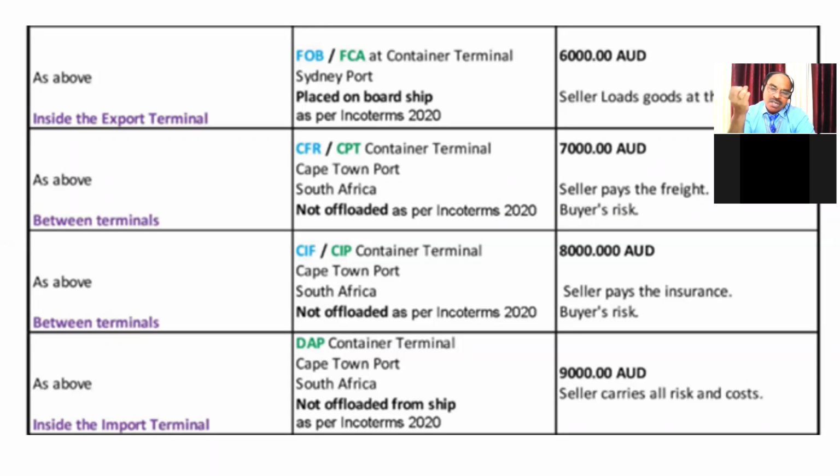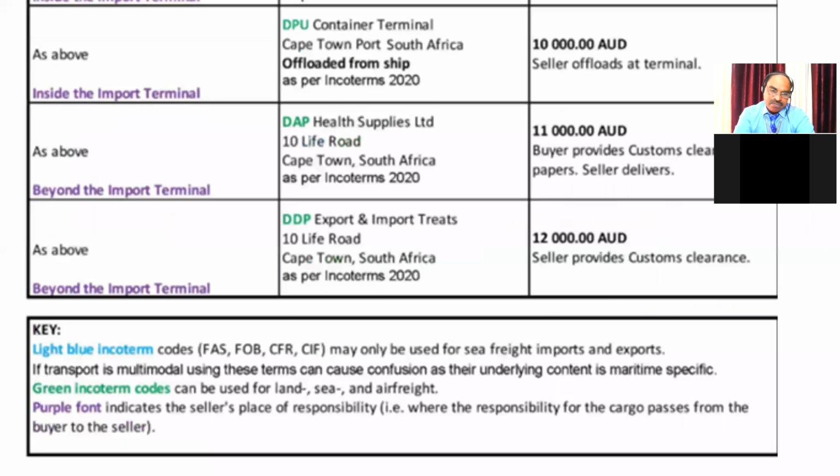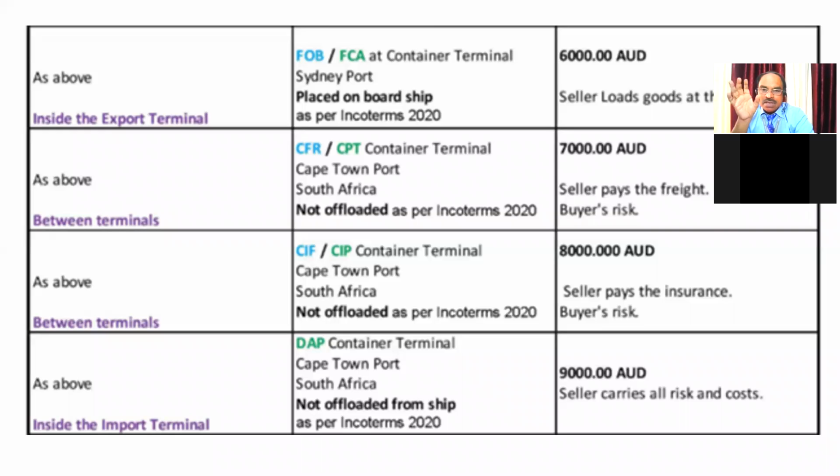It will come to the outskirts of the harbor in Cape Town port, DAP. That is, all the charges will be paid. The only thing is, you can go to DAP, the container terminal in Cape Town, and take back the goods. In such a case, you have to pay 9,000 Australian dollars. See that one, how these prices are fixed. So it is based upon these Incoterms only.